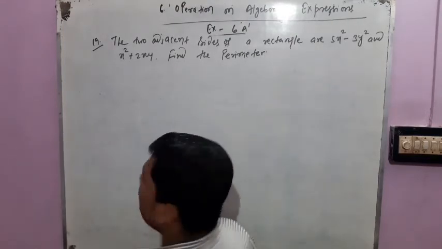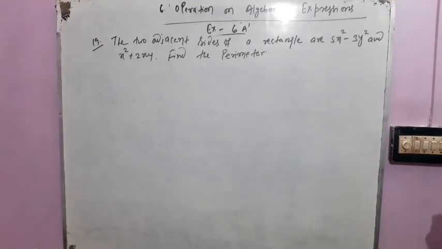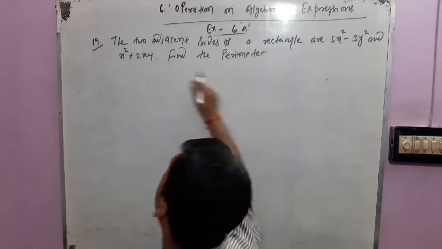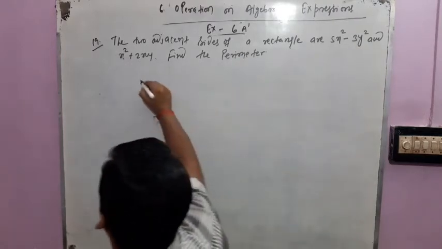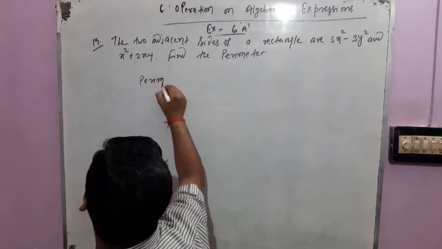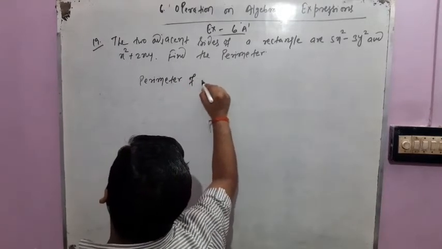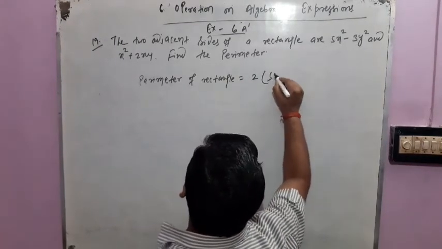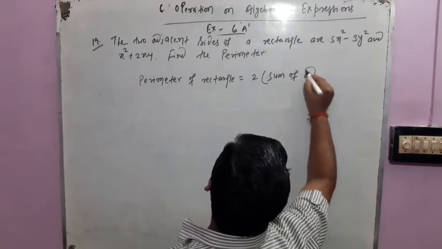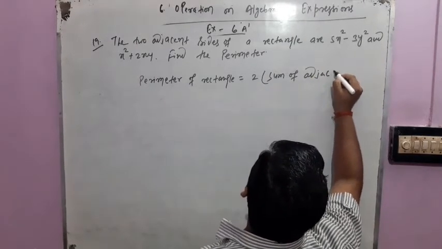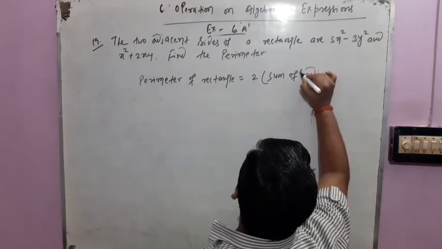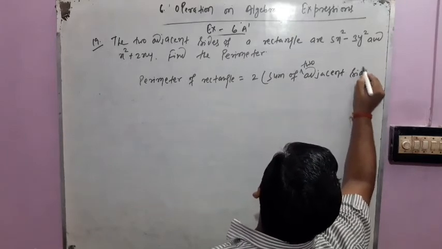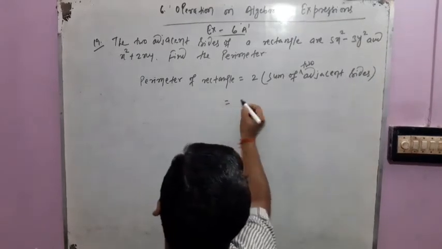Okay friends, in the question it is given that the two adjacent sides of a rectangle are 5x square minus 3y square and x square plus 2xy. What we have to find? Find the perimeter. As we know, students, the perimeter of a rectangle is equal to 2 into the sum of two adjacent sides, also known as length and breadth of the rectangle.